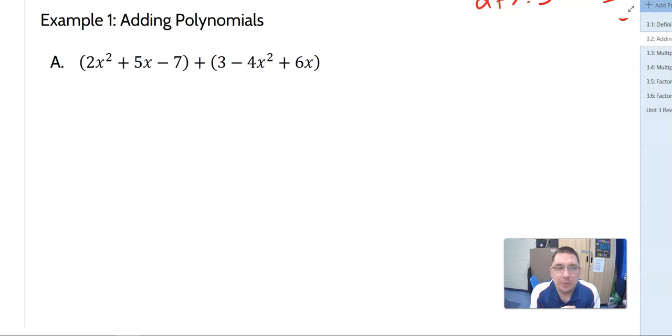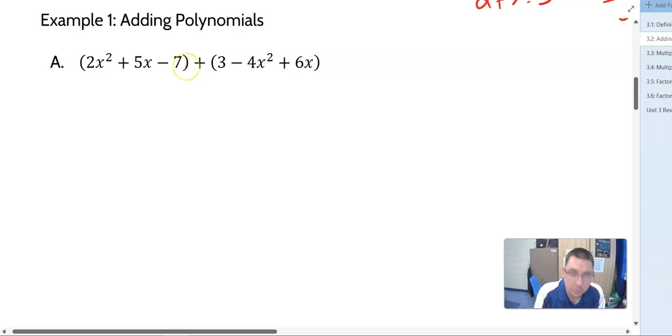So in example 1A, we have 2x squared plus 5x minus 7 plus 3 minus 4x squared plus 6x. And so if we're going to add this horizontally, we're just going to look at like terms. And because we're adding, we don't need to worry about any sign changes. We just add like terms.